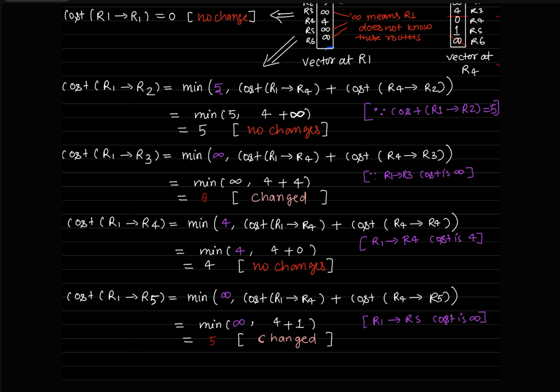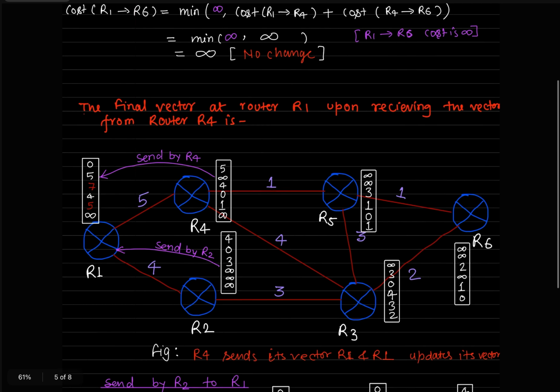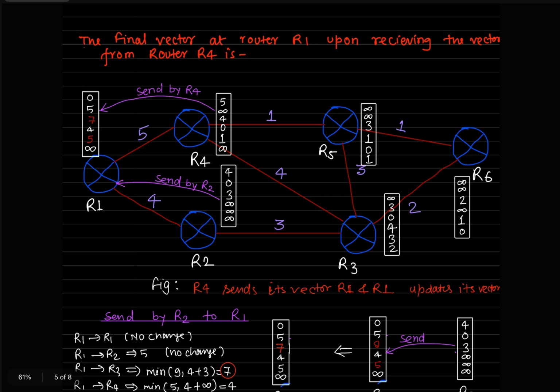For the last case, R1 to R6, we compute the cost, you get infinity, so there would not be any change. Once you get updates, you keep updating the vector, and later on other routers will also send hello, and then those routers will return their vectors to their neighbors.